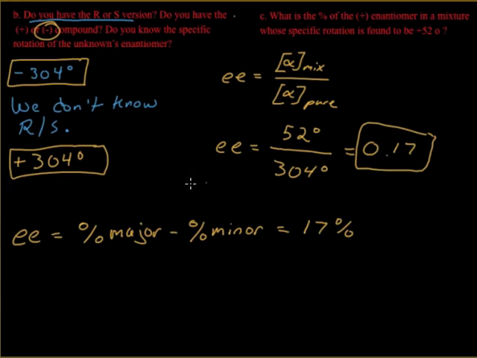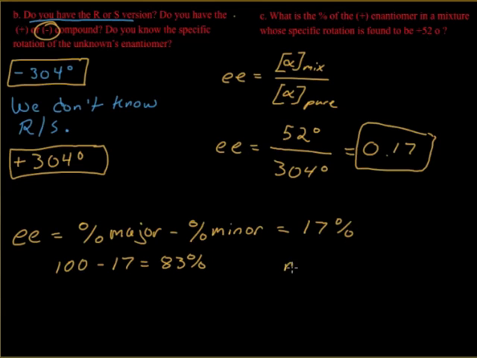Okay, so how are we going to think about this? Well, if we have 17% more of the major compound, then the rest of it is all shared. Okay, so there's 100% total, and how much of it is shared equally between the two? Well, that's just going to be 100 minus 17, which is equal to 83%.